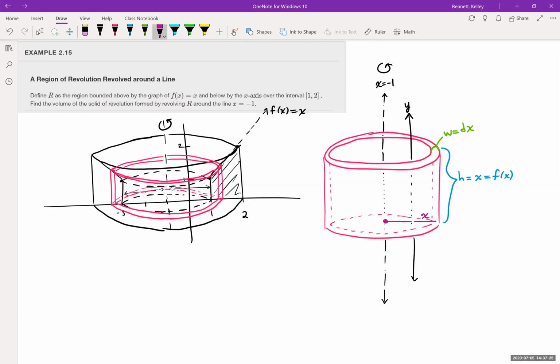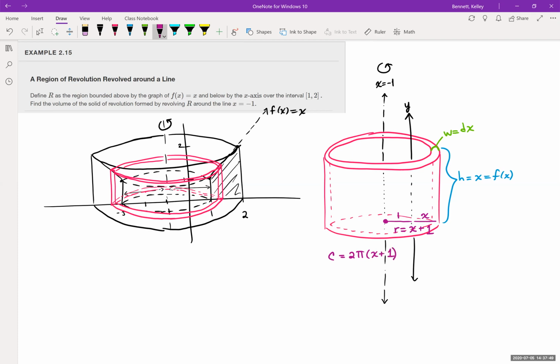But now we're always going to go this extra distance from -1 to 0. So this is 1. So notice that the radius equals x plus 1. So that's what's new. That gives us a circumference of 2 pi times x plus 1.